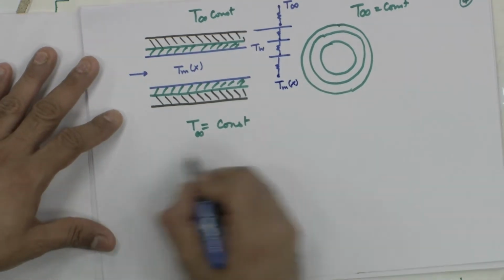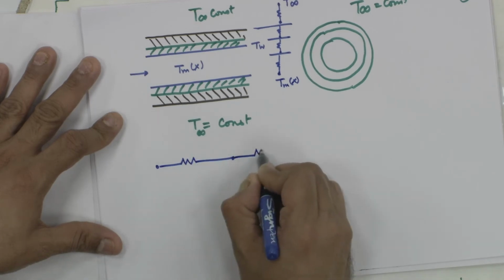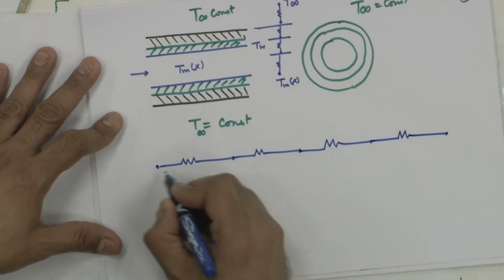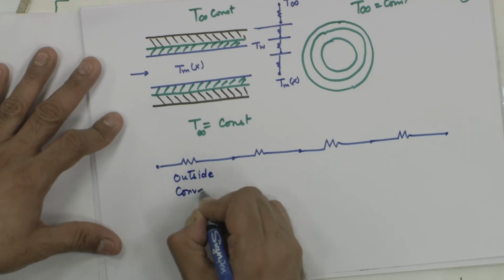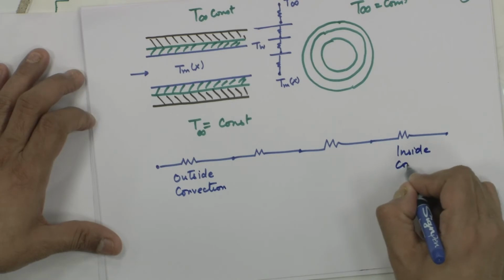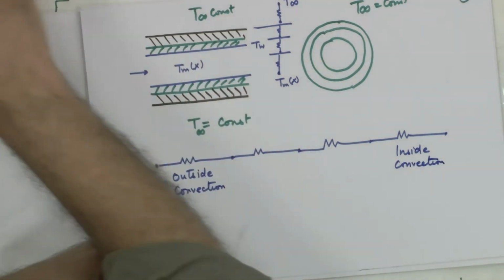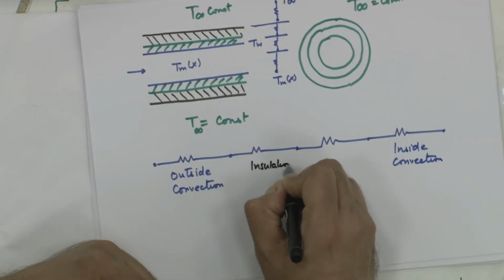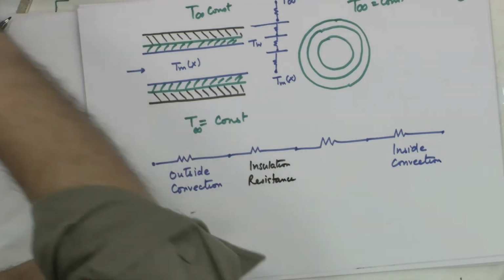So, I will write it, I will draw the resistances this way, it is easier. 1, 2, 3, 4. This is outside convection, this is inside convection, this is black, let me write it with black color, this is insulation resistance, this is I have written it in green.